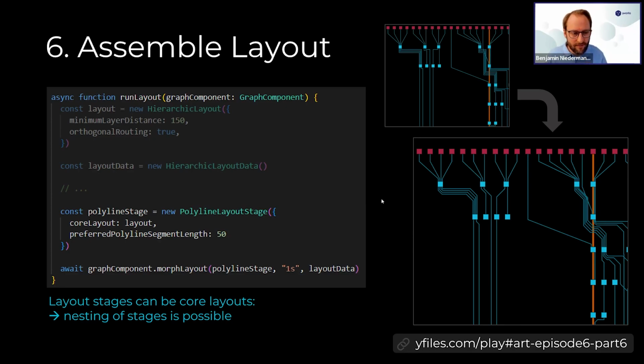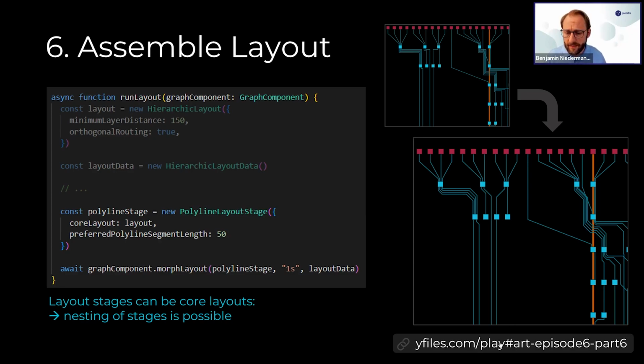In this case, I applied the polyline layout stage in order to introduce octilinear segments on these orthogonal segments. So basically what we do here is replace these small right angles with some segment, basically rounding up these corners.